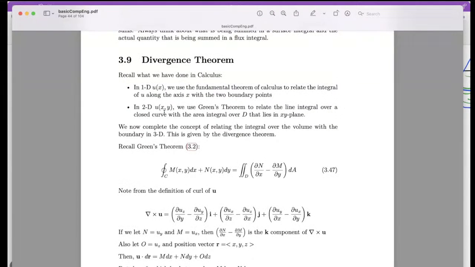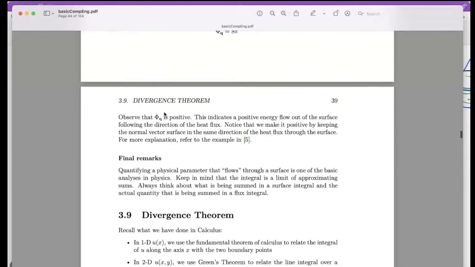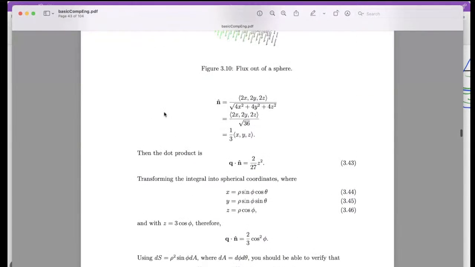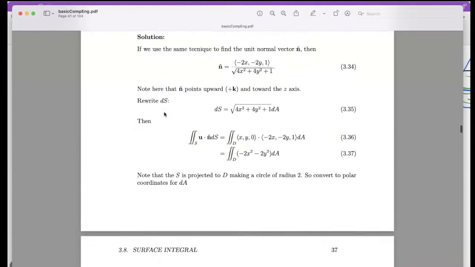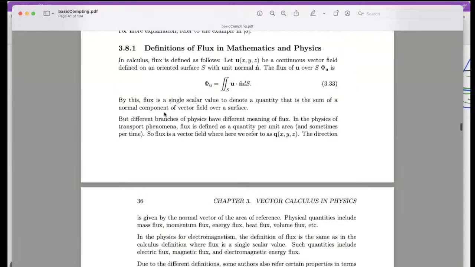Because the divergence theorem involves volume integration and surface integration, I expect you to know how to do these two kinds of integration. For that reason, I have the previous sections here, for example section 3.8.